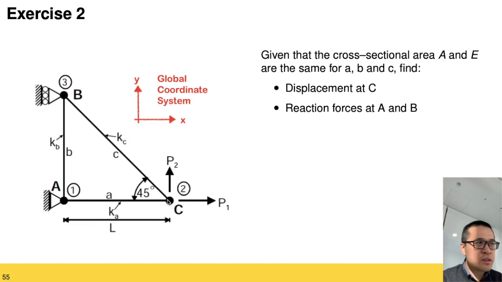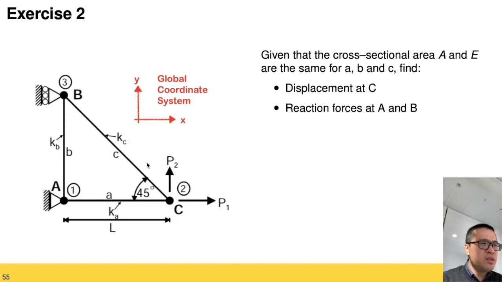The complicated part here is we have an element BC that's lying at 45 degrees to the horizontal axis. To make life a bit easier, we notice that there is a global coordinate system which is pointing X to the right and Y to the top.